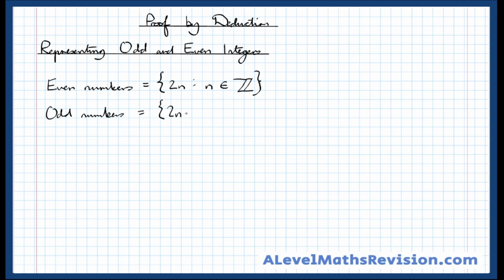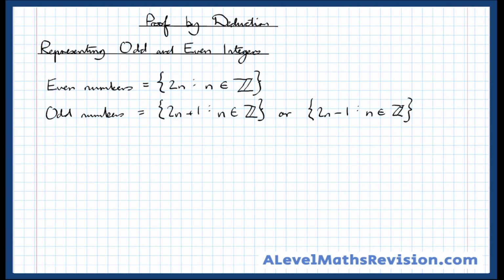So any number that can be written as 2n plus 1, such that n is an integer, because we know that if it's 1 more than an even, it must be odd, or 2n minus 1, where n is an integer. And again, in an exam, if it asks you to represent an odd number algebraically, it will be enough to just write 2n plus 1, where n is an integer. You don't need to use this formal notation unless specifically asked, but it's important to know it.